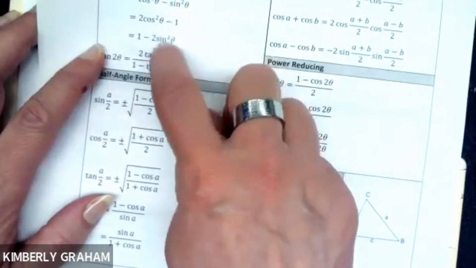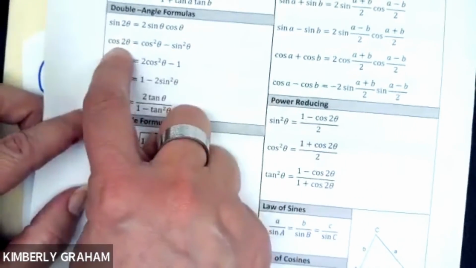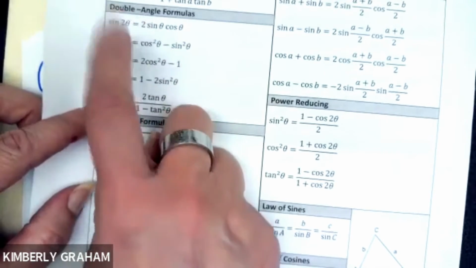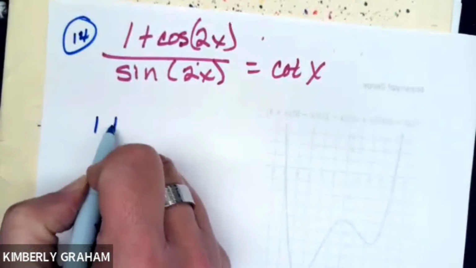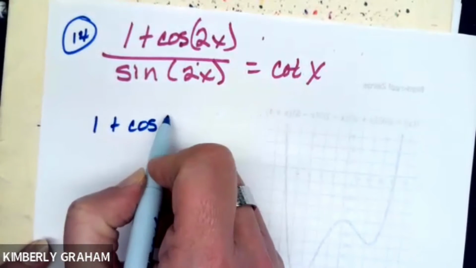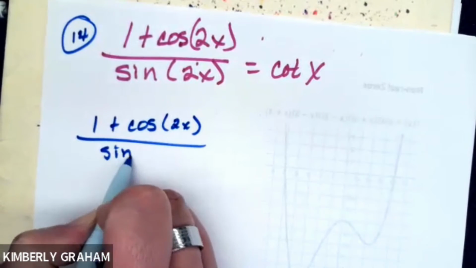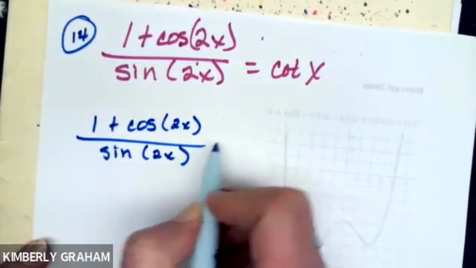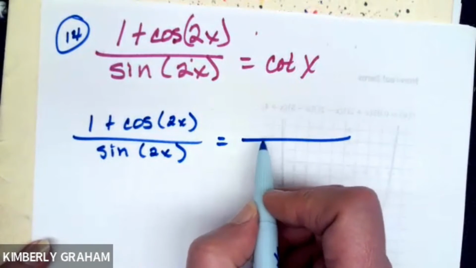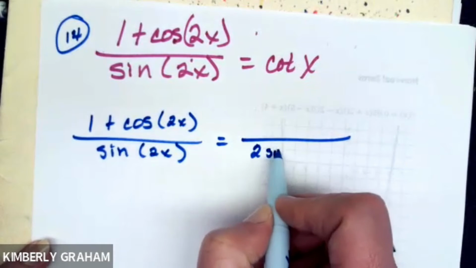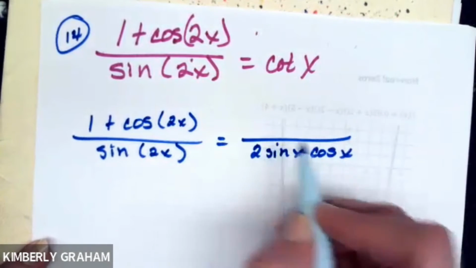I have 3 different options for what I can substitute in for cosine of 2 theta. Let me first write down the first part of this problem, and then we'll go back and figure out which of those formulas I want to use. Well, for the bottom part, I only have one option, 2 sine x cosine x.